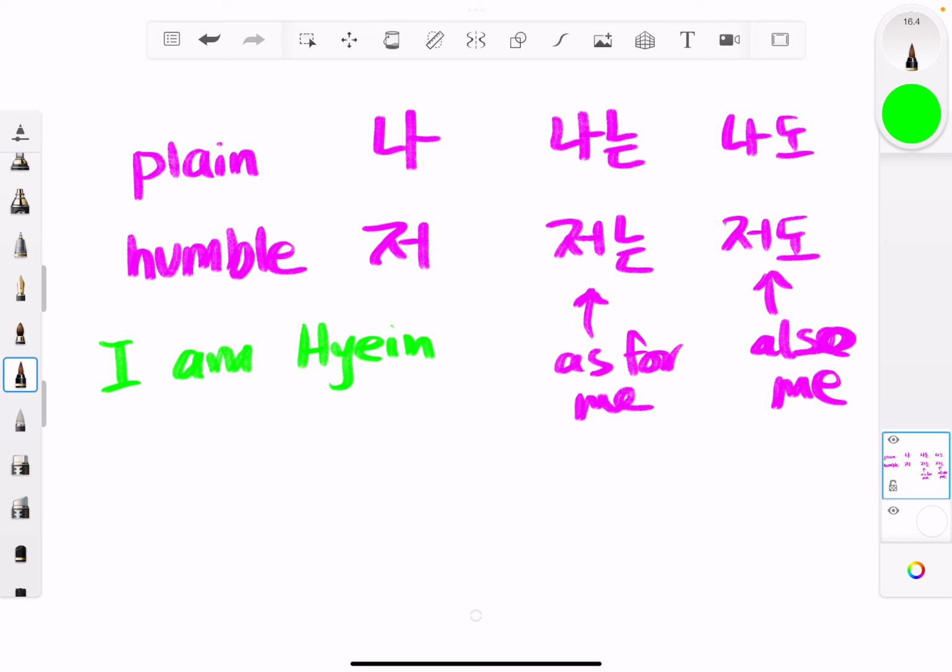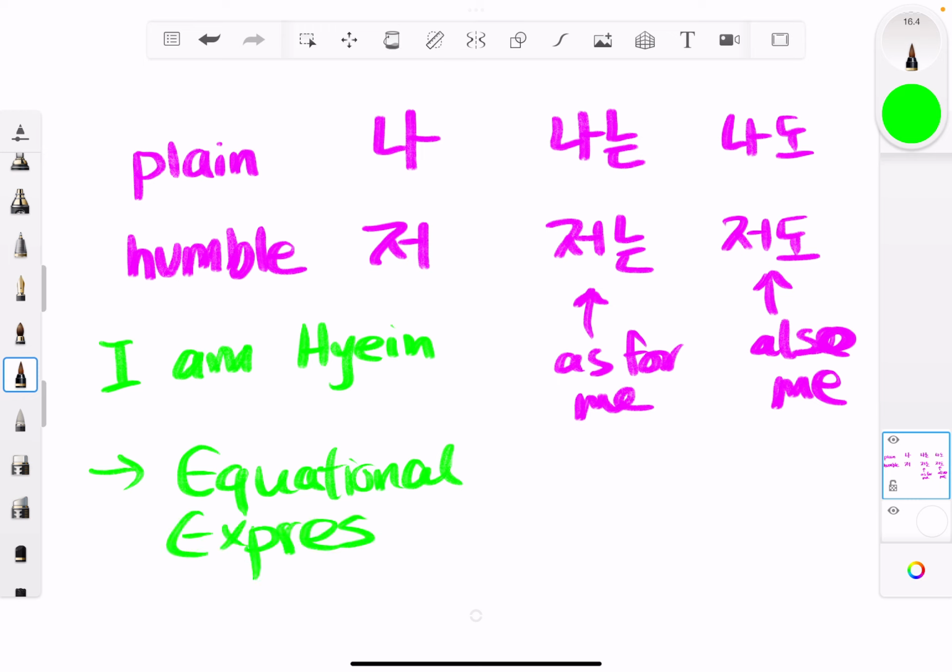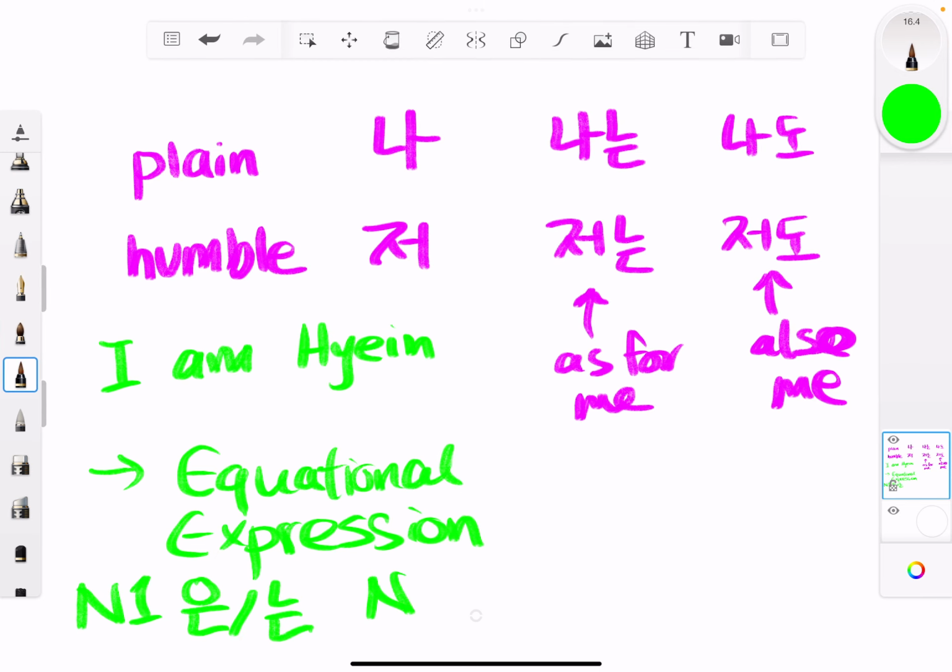This is a form of equational expression. Equational expression takes noun 1 and then uses a topic particle 은 or 는. Okay? And then noun 2 and say 이에요 or 예요.